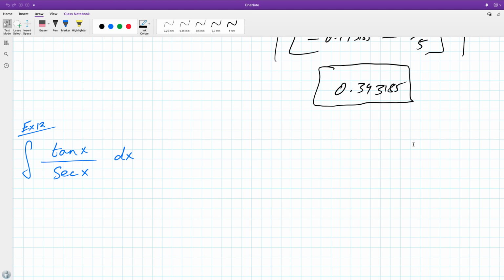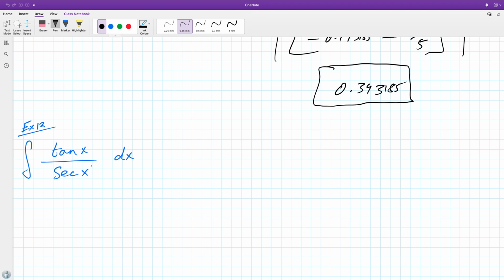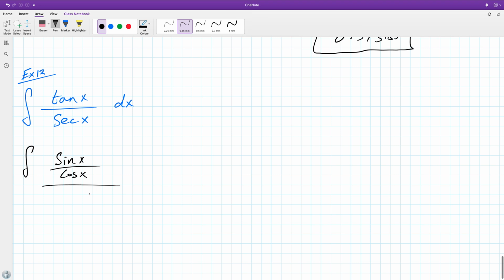Right, have a little look at it. So that is the integration of the tan of x over the sec of x. Another way of writing the tan of x is the sine of x over the cos of x, divided by sec, which is 1 over the cos of x.